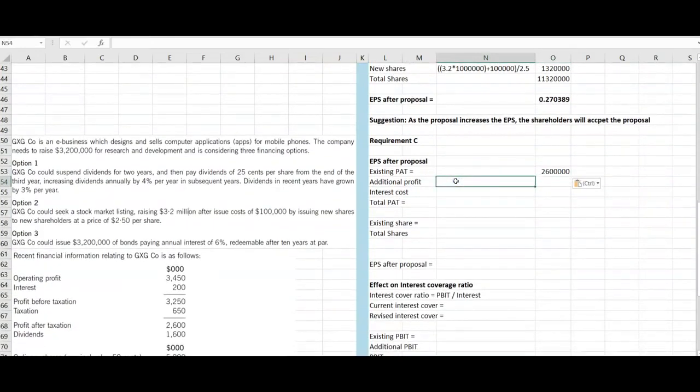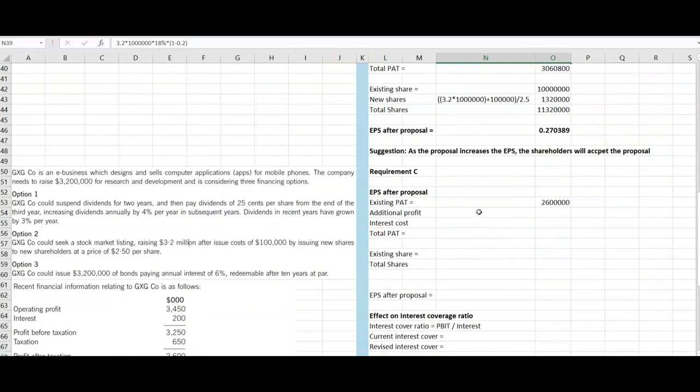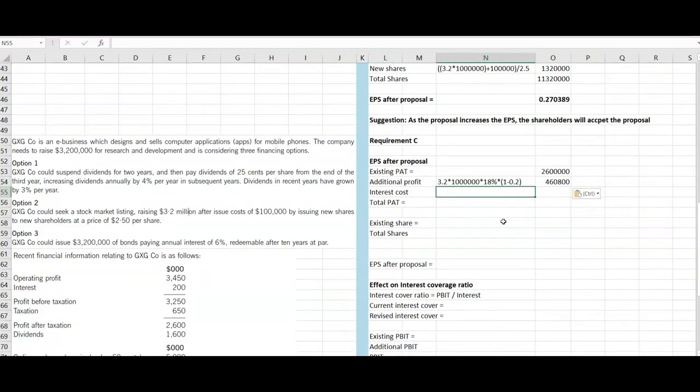So the additional profit will be the same as this number. Okay, so we'll make this as our profit, but there is an interest cost. Okay, so interest cost we have to consider.